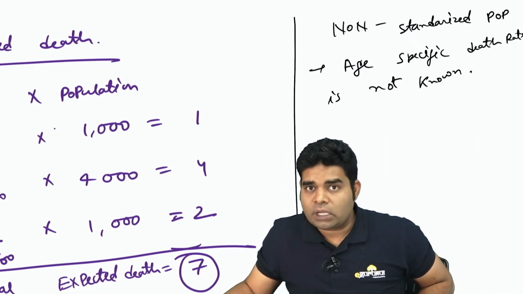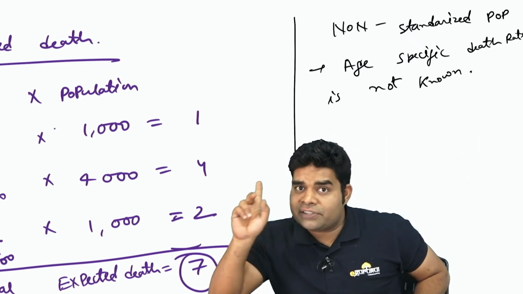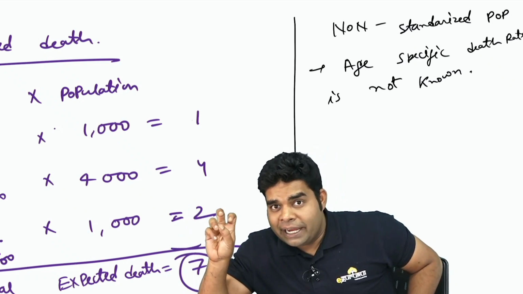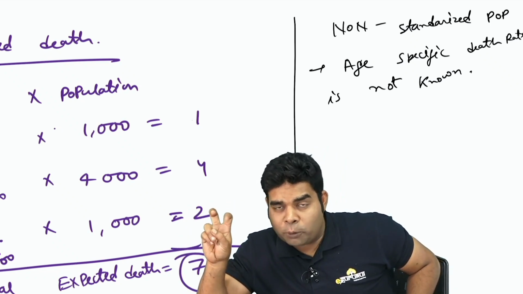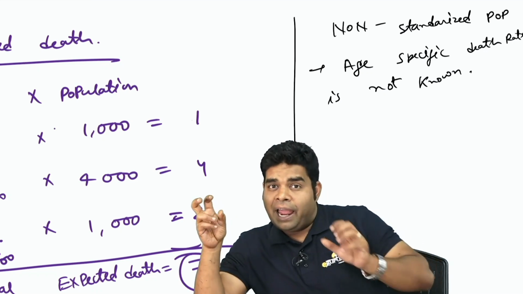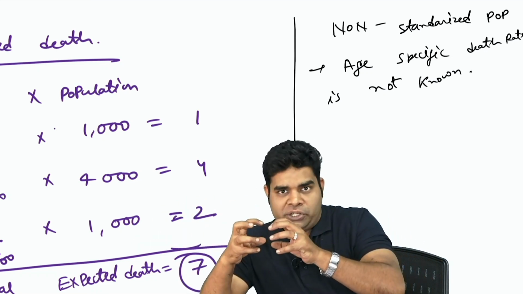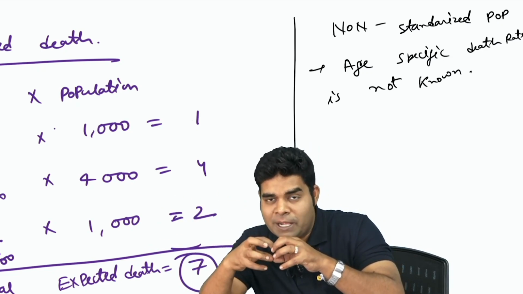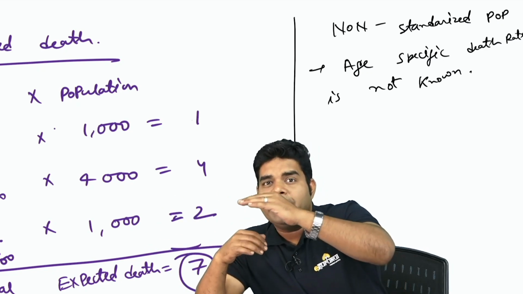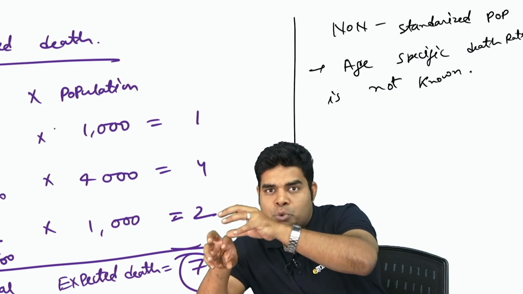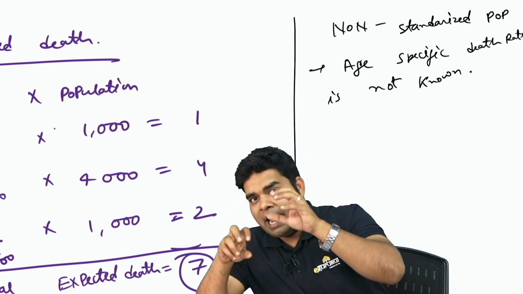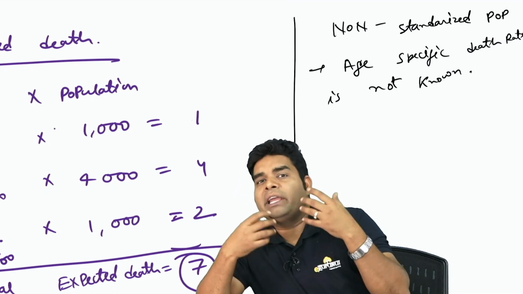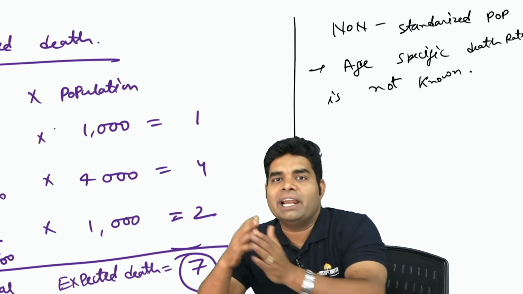Okay. Now, when we do direct standardization, we compare age-specific death rate of two populations with a standard population. We multiply the age-specific death rate of two populations with a standard population, and then we get the expected death in those two states. And by comparing the expected death of those two states, we come to know about the comparative mortality ratio.